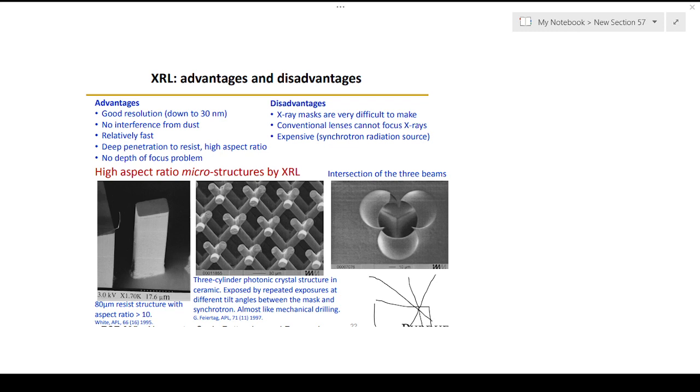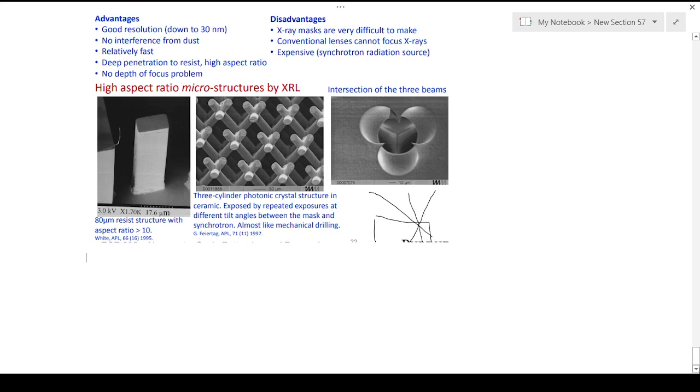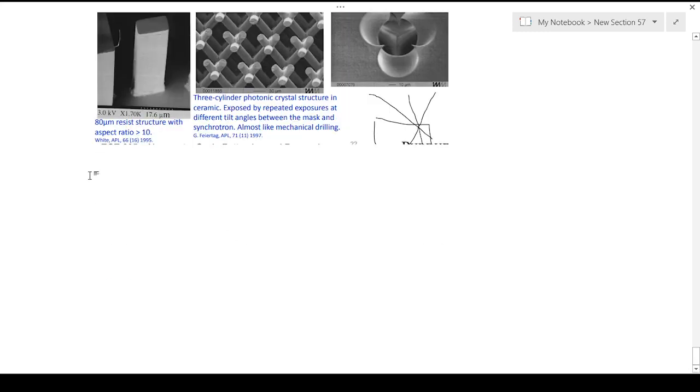Okay, and we can also utilize the template assisted assembly we suggested, which we just talked about earlier in the last class. So this is also something you can utilize as a technique to pattern a given system. Because here also we'll be using a nano pattern to create a nanoparticle assembly.